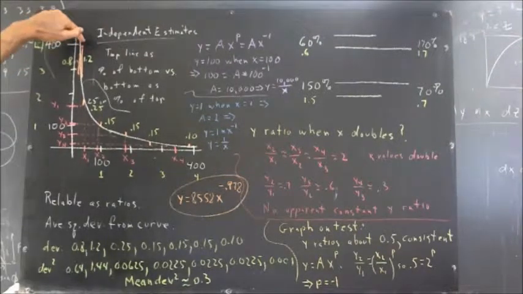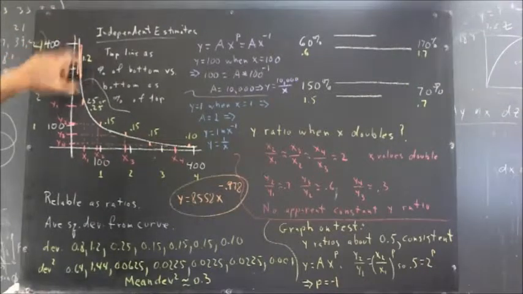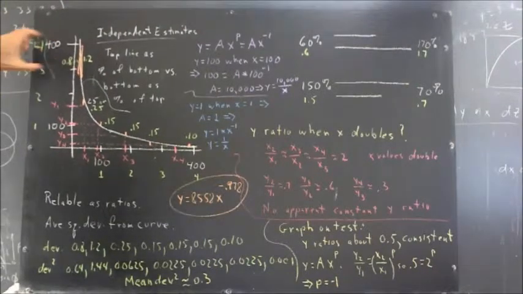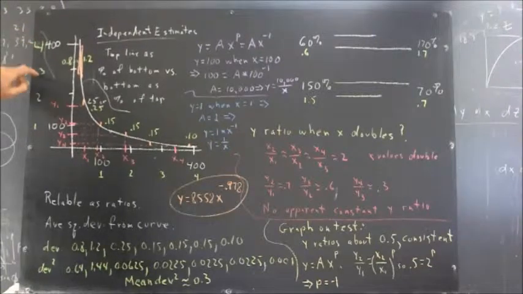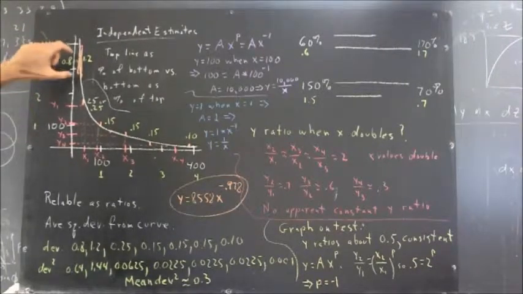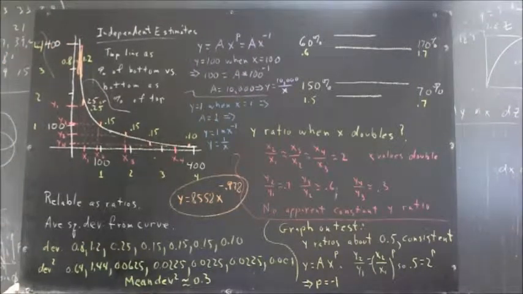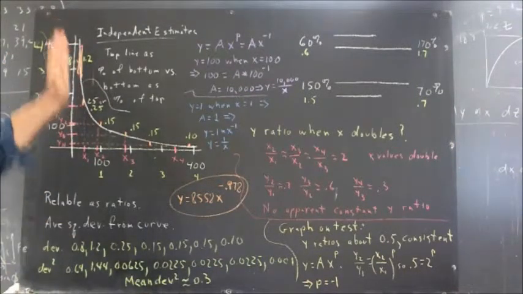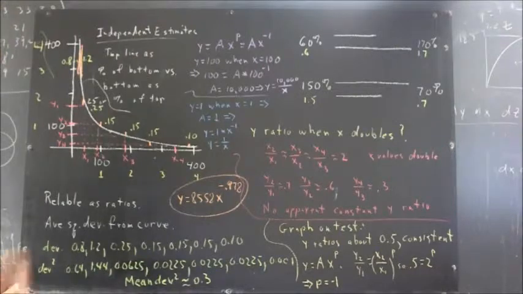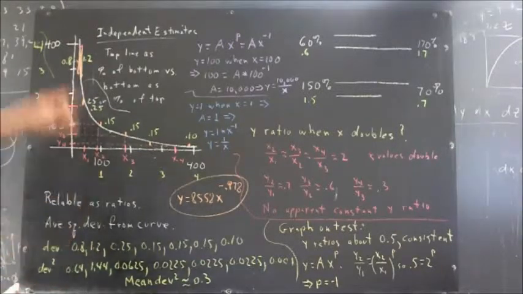For example, this point lies this far above the curve, and that distance is about 1.2 on the green scale. This distance here from this point up to the curve appears to be about 0.8. I didn't do a very good job of making that line vertical, so it could be off by quite a bit, and you could be as well in making your estimates. But these would be the estimates of the deviations.